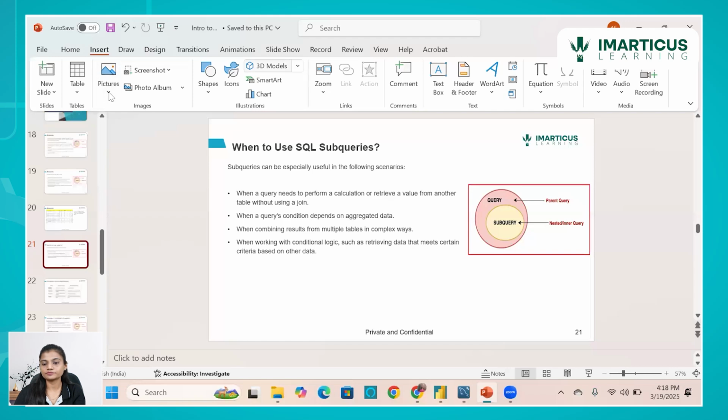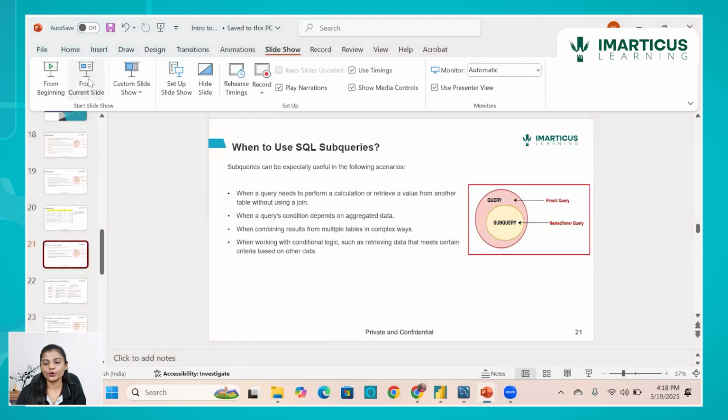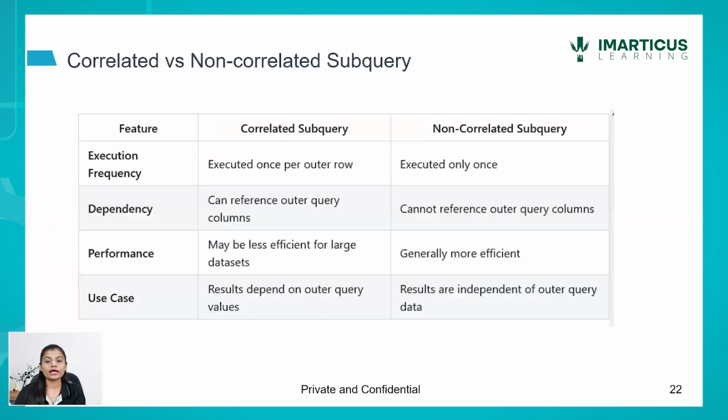Let me show you the difference between a correlated and a non-correlated subquery. If I talk about the feature of execution, as I said, a correlated subquery will execute once per outer row, which means the inner subquery will execute as many times as there are outer rows.